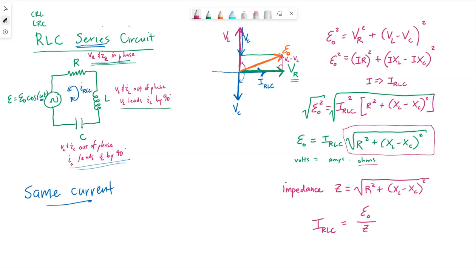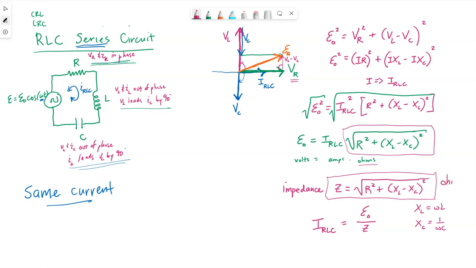So anytime we have a circuit with all three elements, we will need to relate the source voltage to the current through this impedance. R is the value of the resistor, XL is the omega L, XC is the 1 over omega C. And so we can relate these three elements together by way of this impedance.